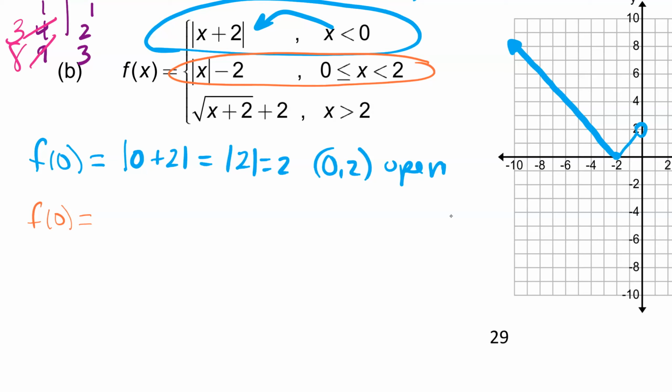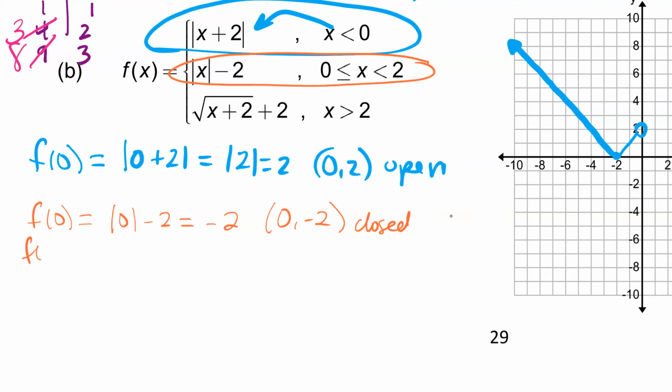So it's absolute value of x minus 2. So the minus 2 is going to shift it down by 2. So you have your V, and then you shift it down by 2. Okay, we can do that. So absolute value of 0 minus 2, it's just negative 2. So (0, -2). And this is going to be open or closed at this endpoint of x equals 0? Closed. It'll be filled because it's "or equal," right? Because what's the actual y value when x is 0? Oh, it's going to be negative 2.